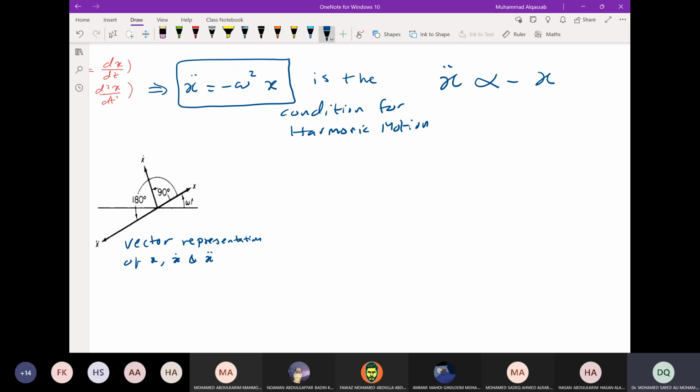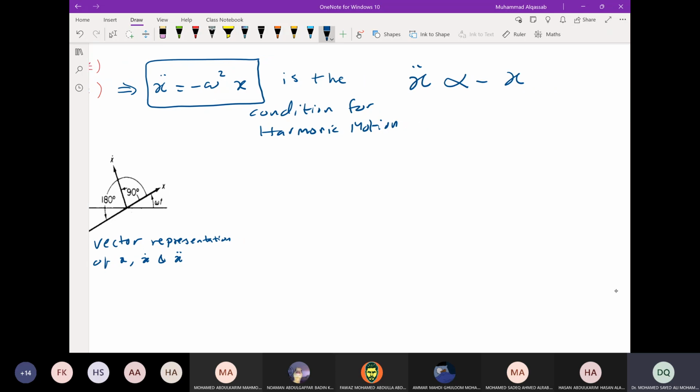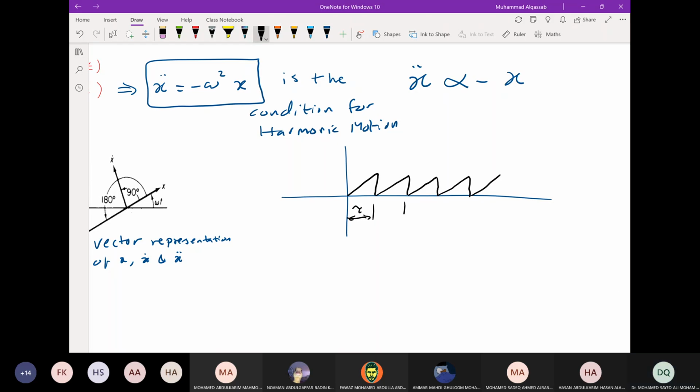An example of a non-harmonic periodic motion is this. Let me just change the color. Okay, this is periodic because it is repeating its motion every tau.